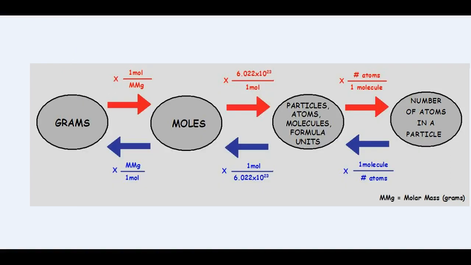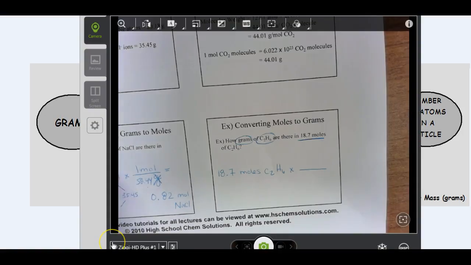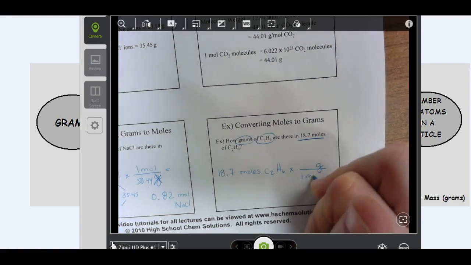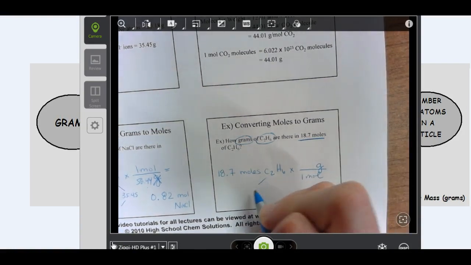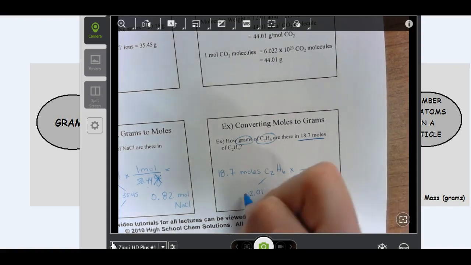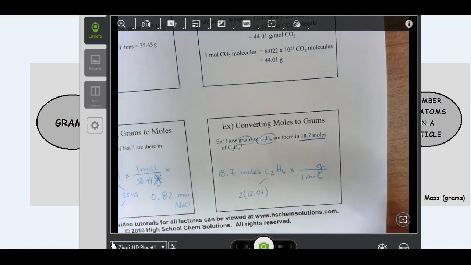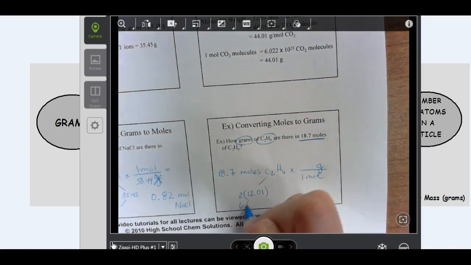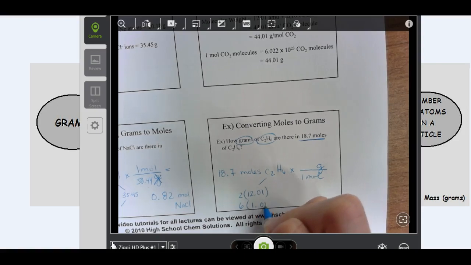I'm going from moles to grams. So let's look at our map. From moles to grams, it's right here. I'm going to put the molar mass in grams on the top and 1 mole on the bottom. So molar mass in grams goes on the top, and then 1 mole goes on the bottom. For carbon, our molar mass is 12.01, and we're going to multiply that by 2, because we got 2 carbons, and then for hydrogen, 6 times 1.01.